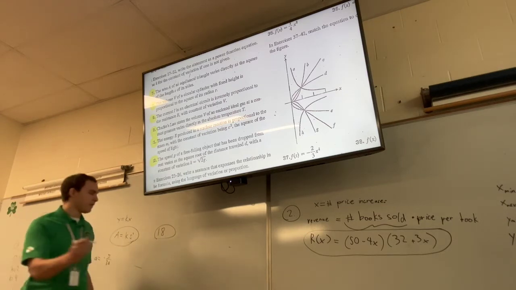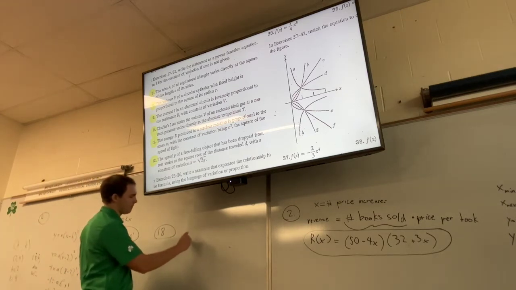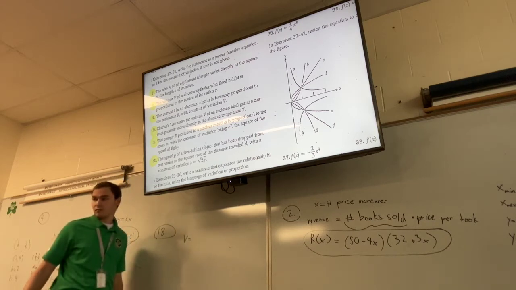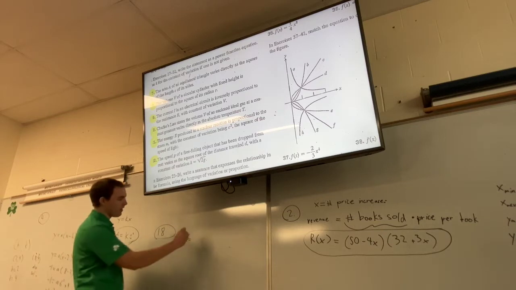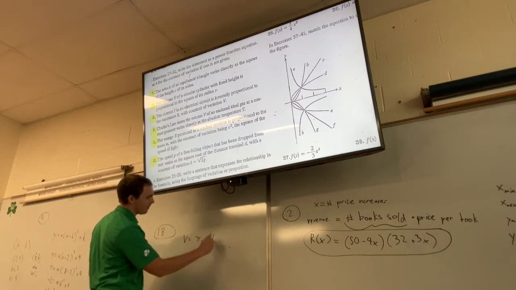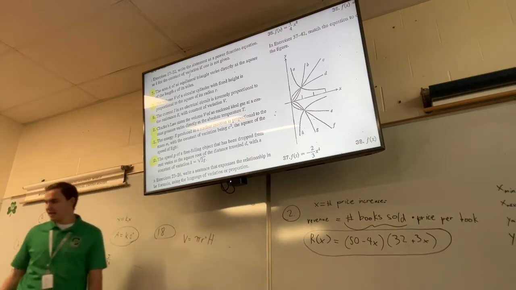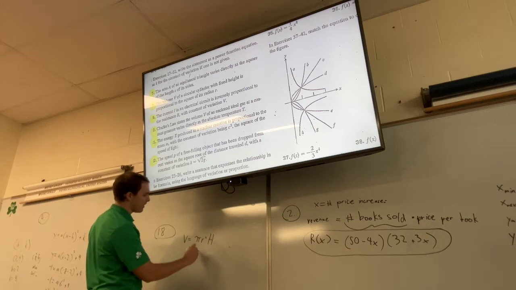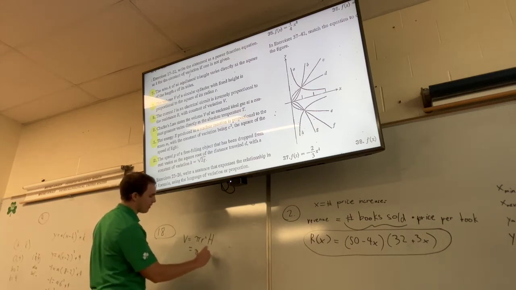So what's the formula for the volume of a cylinder? It's going to be pi r squared h. I'm going to write this as a capital H to say it's a fixed height, it doesn't vary. This is the same as pi h times r squared. So V equals pi h times r squared.